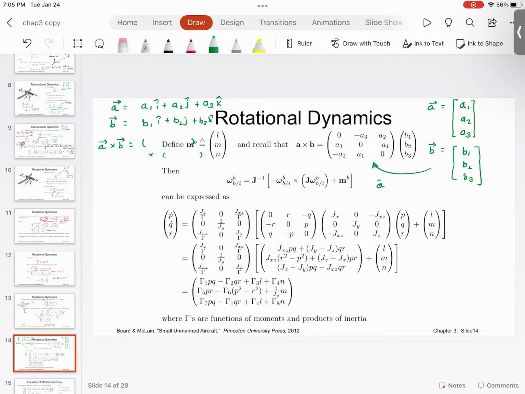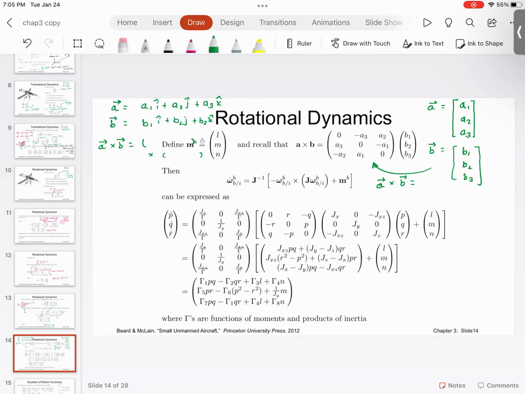This is A cross B. And cross product is non-commutative. Order is very important. So what I need to do is take that column vector A and write that in that matrix form where the diagonal terms will be 0 and you get off diagonal terms on the side. Everyone understood this?